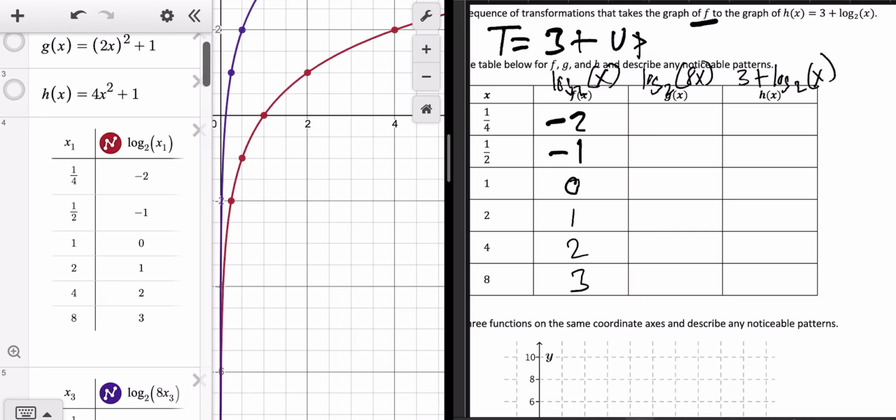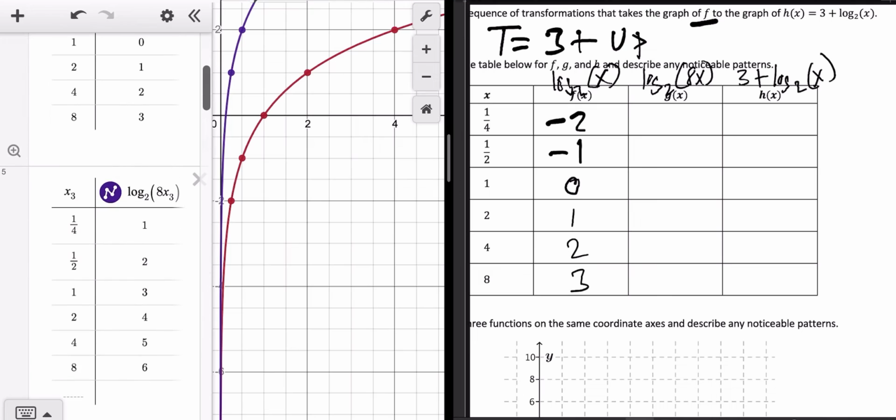So if we were to look at 1/4, we would get a 1 for the g of x.